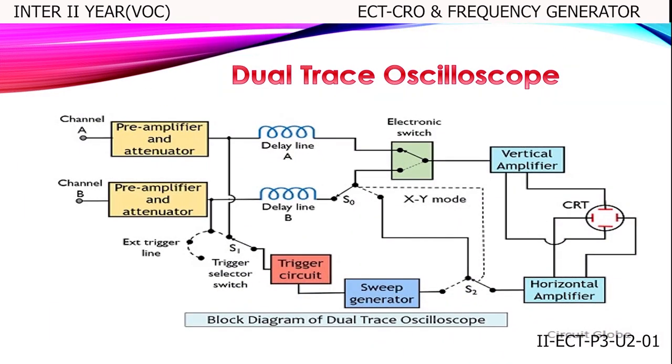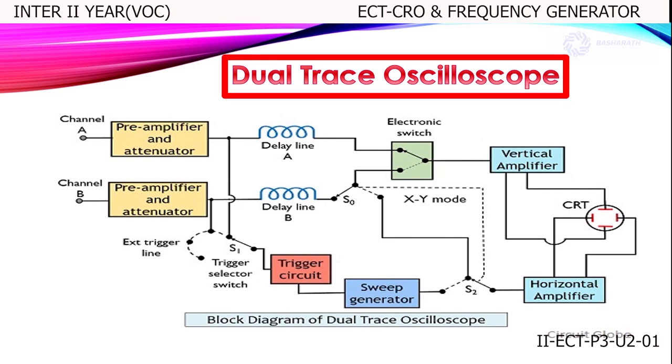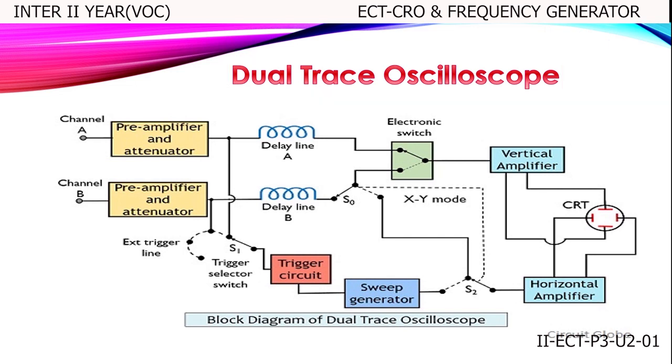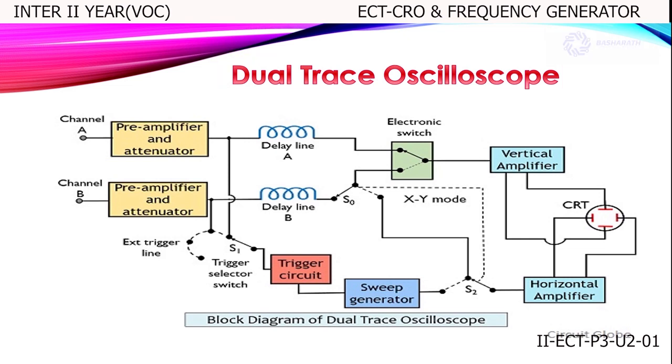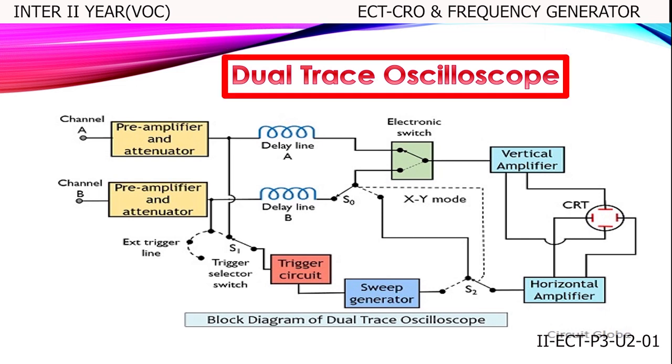This is the block diagram of dual trace oscilloscope. As we can see in the figure, it has two individual vertical input channels, namely A and B. Both the inputs are separately fed to the preamplifier and attenuator stage.